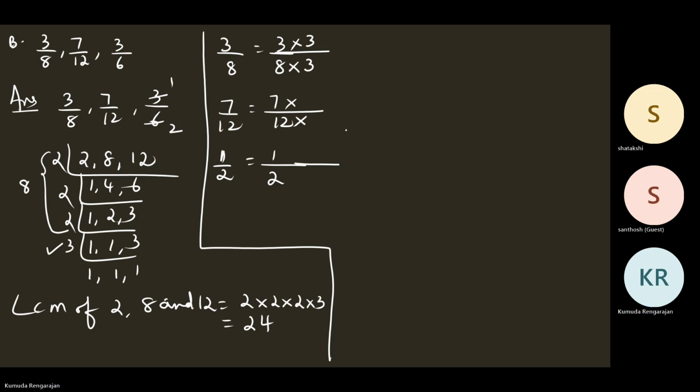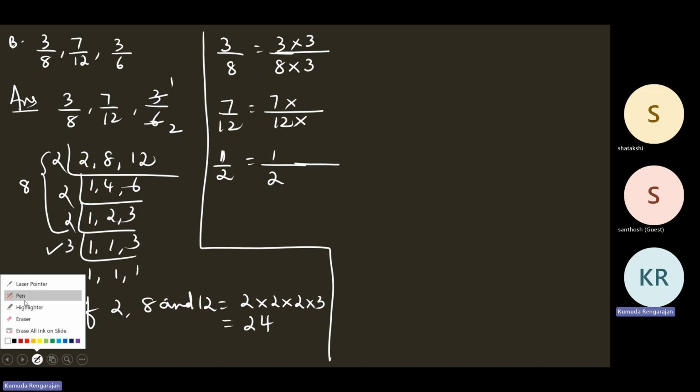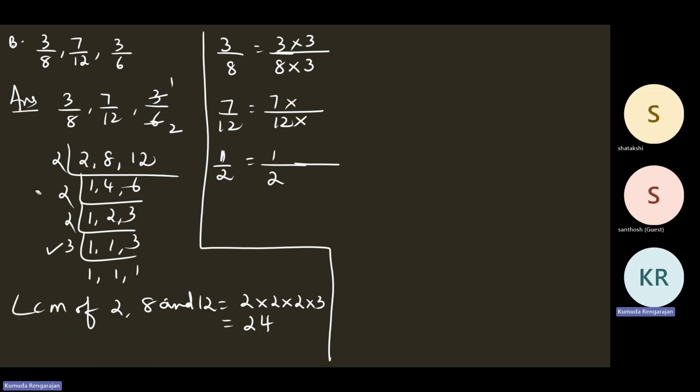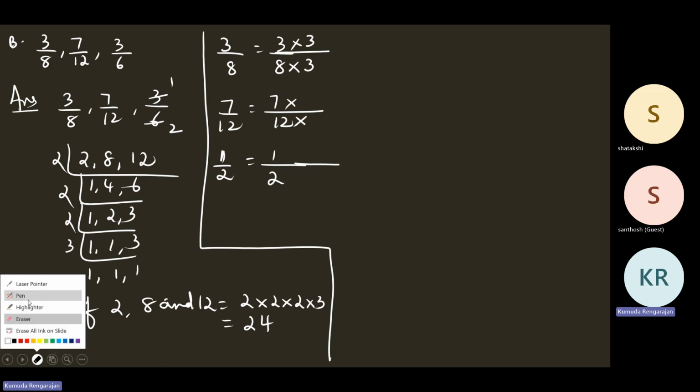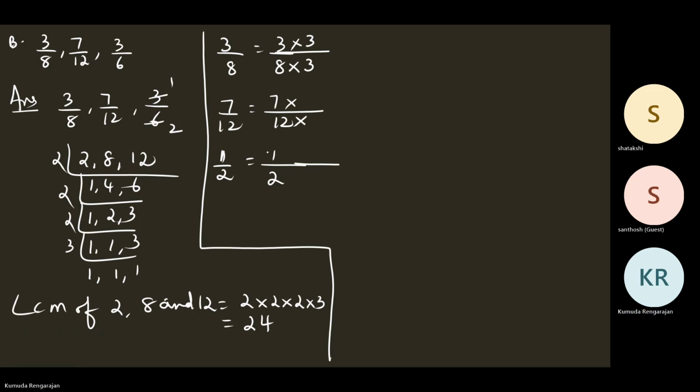Now tell me for the next one, 7 by 12. What is the denominator? 12. So how do you see 12 here? 2 twos are 4, 4 threes are 12. So what is remaining? 2.